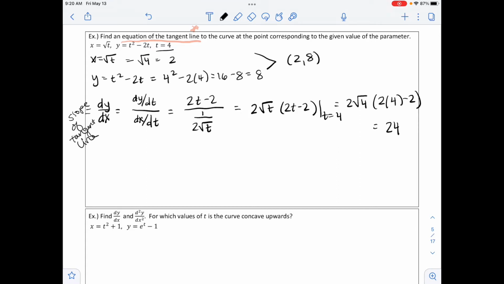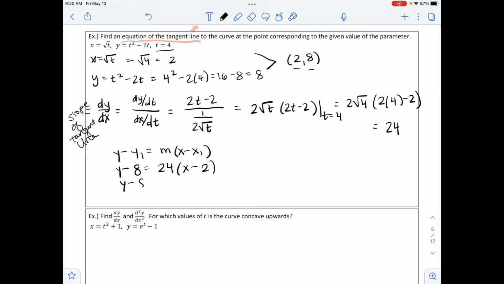Again, that tangent line is when t is equal to 4, or when x is 2 and y is 8. In order to find the equation of our tangent line, I'm going to put this into point-slope form. So we have y minus y1, which is 8, equal to the slope, 24, times x minus 2.